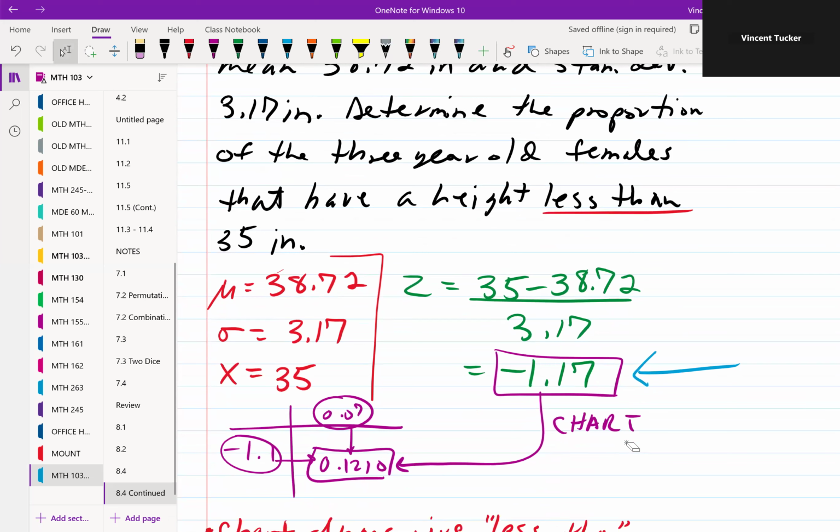Take it to the z-score chart. That means negative 1.1 will be on that left column, 7 will be on that top row, and they meet up at 0.1210.